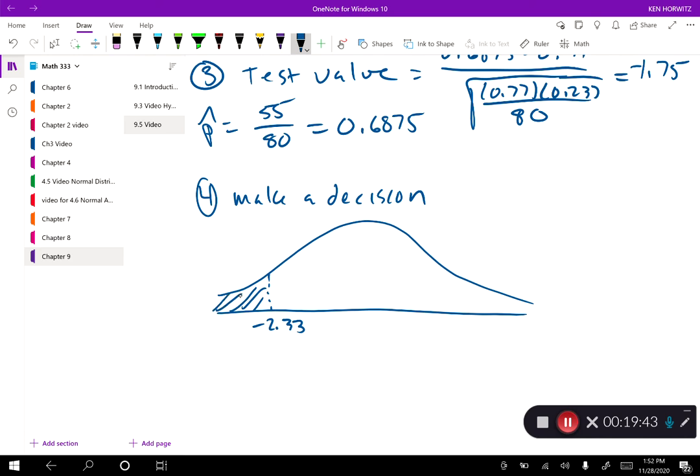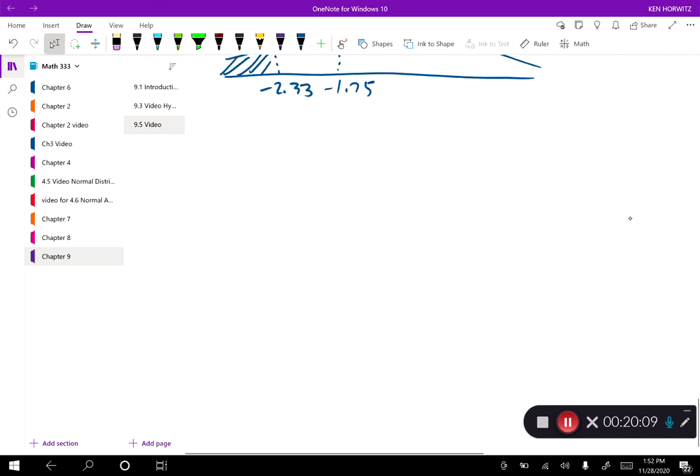And what I'm thinking is that it's got to fall in there for it to reject. But my negative 1.75 is before the rejection region, so we do not reject our null hypothesis.